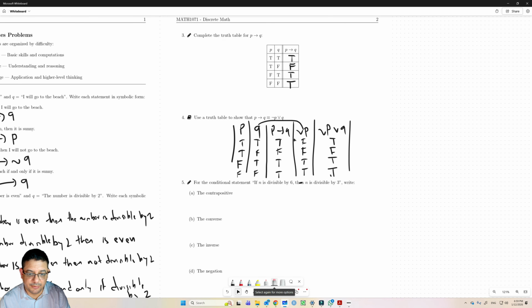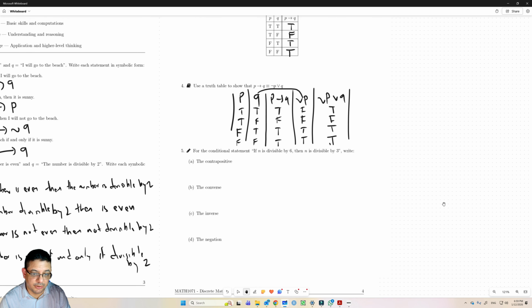Now for question number 5, we have the conditional statement: if n is divisible by 6, then n is divisible by 3. We want to write the contrapositive, the converse, the inverse, and the negation.